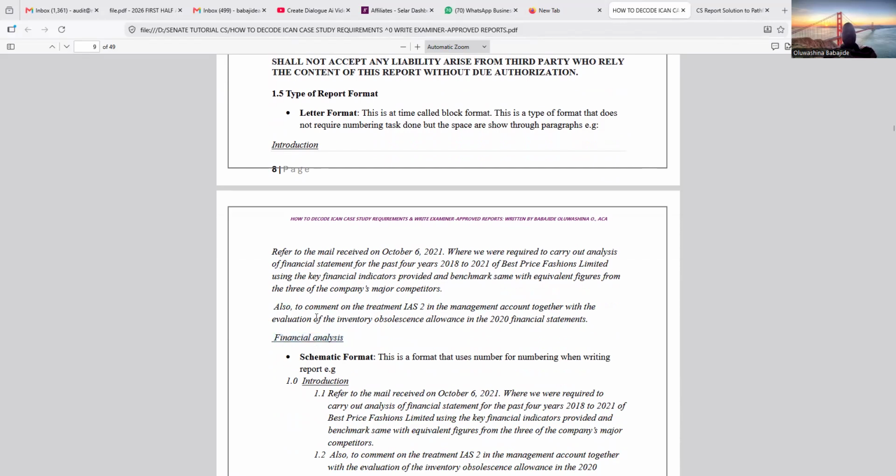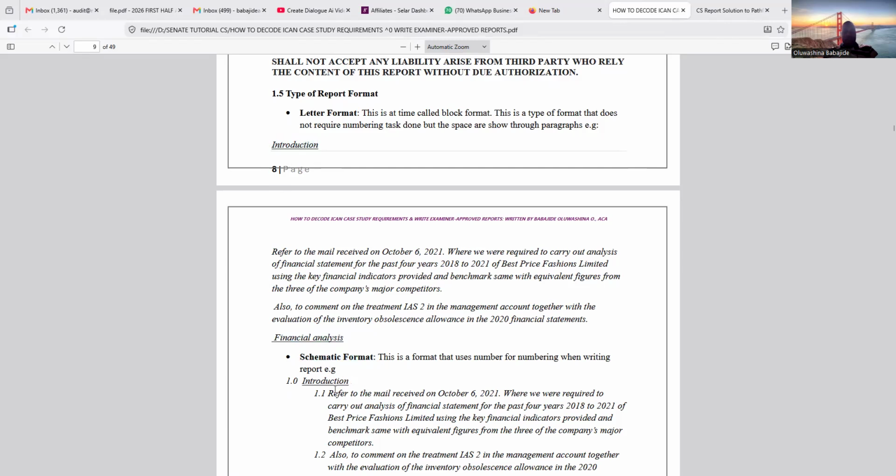Now, see the difference between the letter format and the schematic. This is the schematic. This is a format that uses numbers when writing reports. For example, you see my introduction up here, I didn't put any number. But here, I put 1.0.